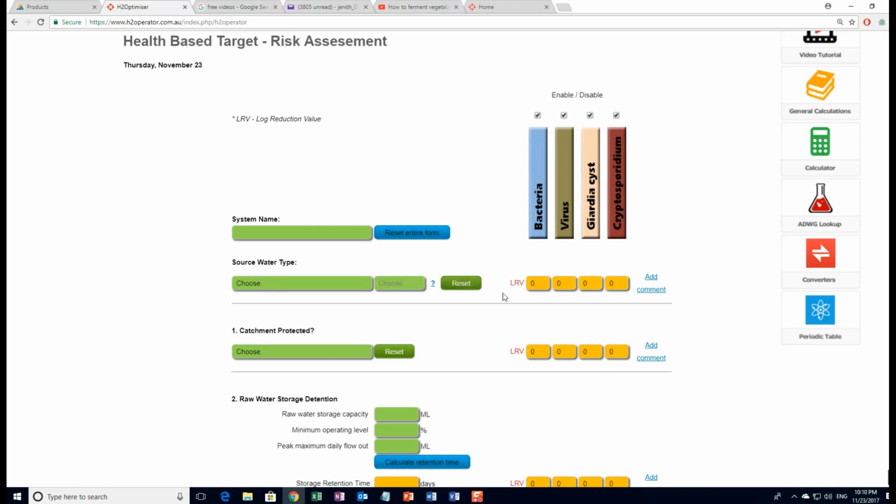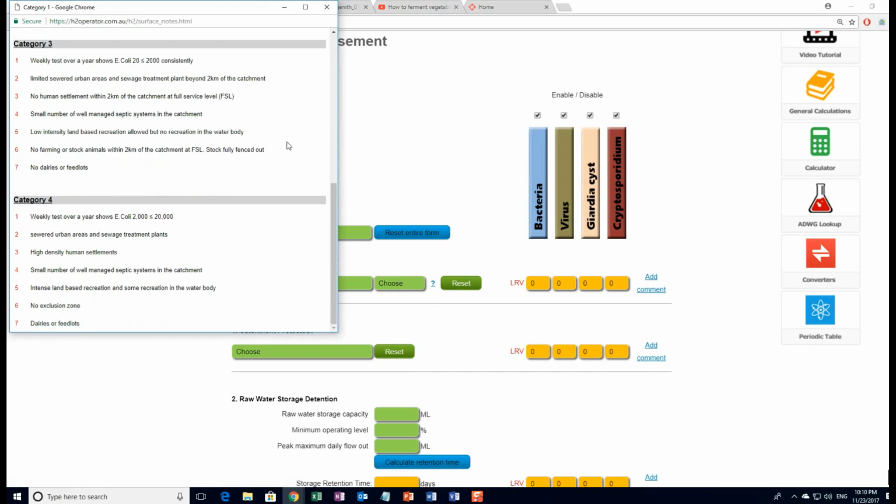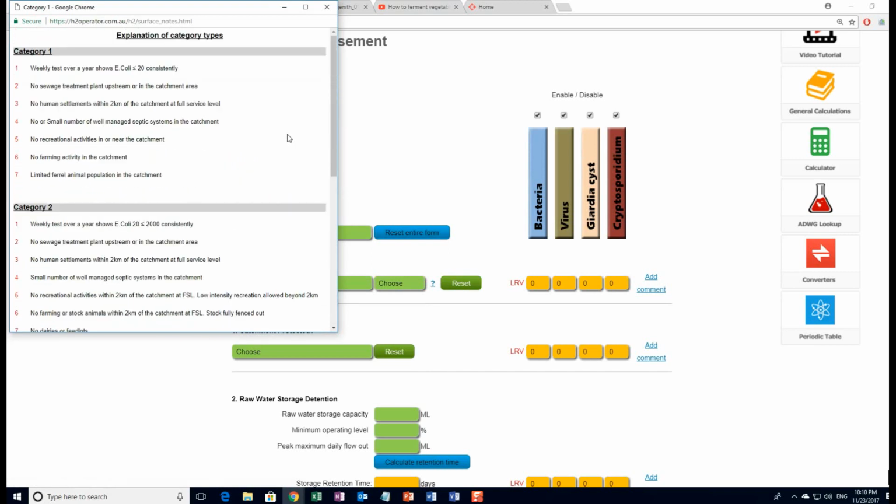Okay, so I'm going to reset this and go back and choose surface water, and then here we have to choose one of the 4 categories for this particular system. Now if you don't understand these categories, click on this question mark, and then you can scroll through and look at the description and decide, based on the sanitary survey, if you are category 1, 2, 3, or 4.